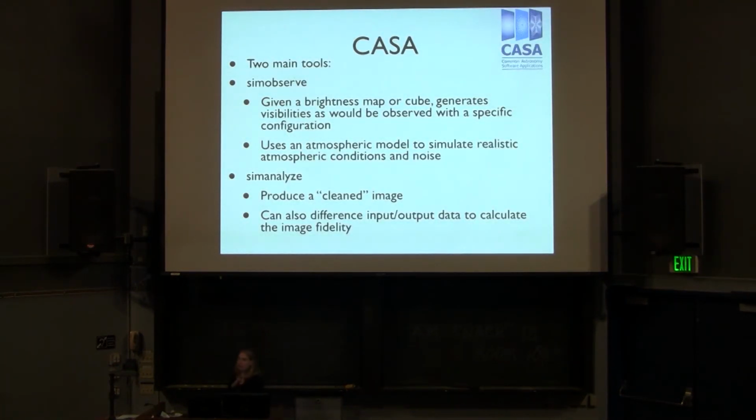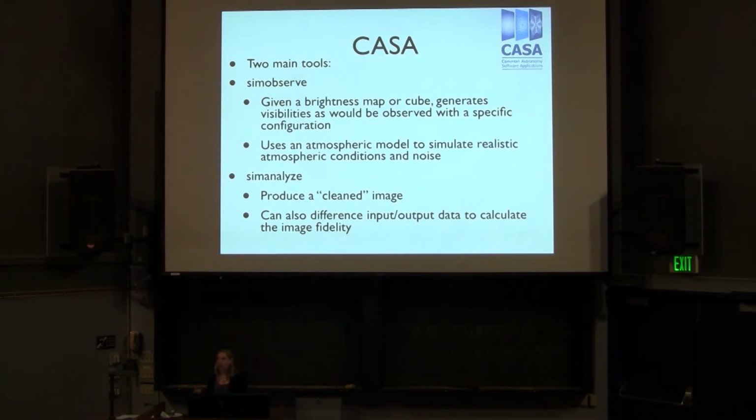All right. So as far as you guys are concerned, there are really only 2 main tools in CASA that you would use to do these types of post-processing. The first one is called SimObserve, helpfully named after observing simulations. So given some brightness map or cube of your data, it generates these UV visibilities as would be observed by a specific configuration of antennas.